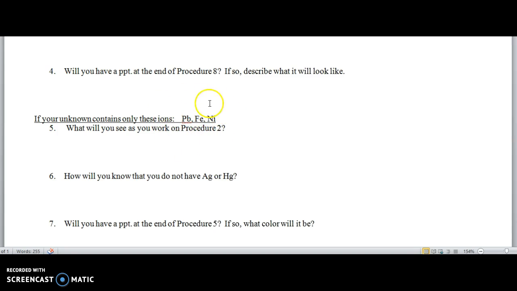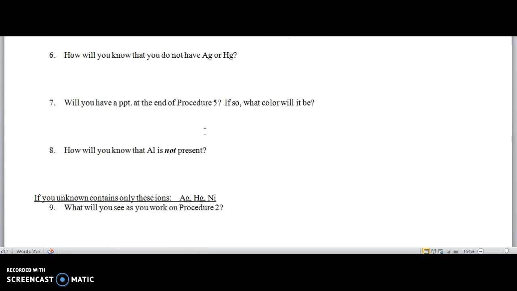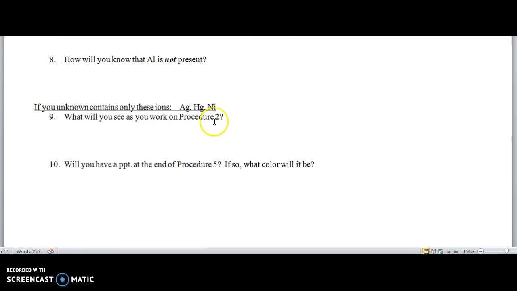If your unknown only had lead, iron, and nickel, what would you see at various procedure steps? And finally, the third hypothetical unknown contains only Ag, Hg, and Ni, silver, mercury, and nickel. What you would see as you work on various procedure steps.